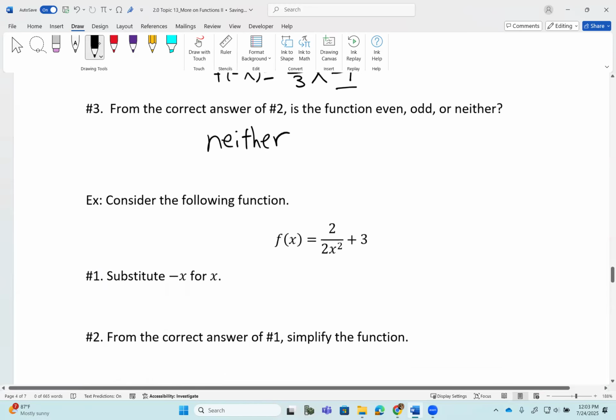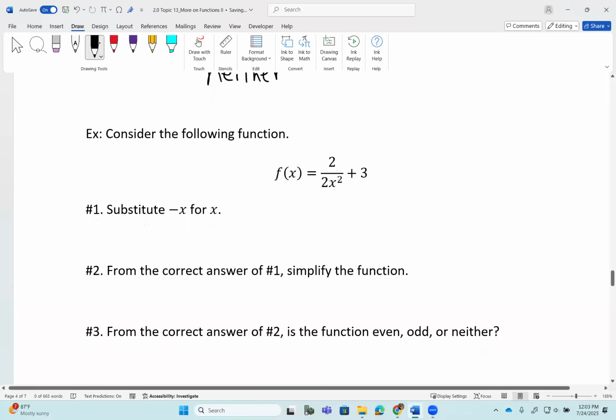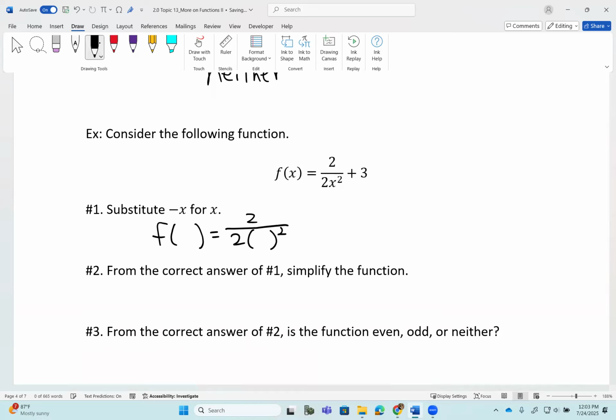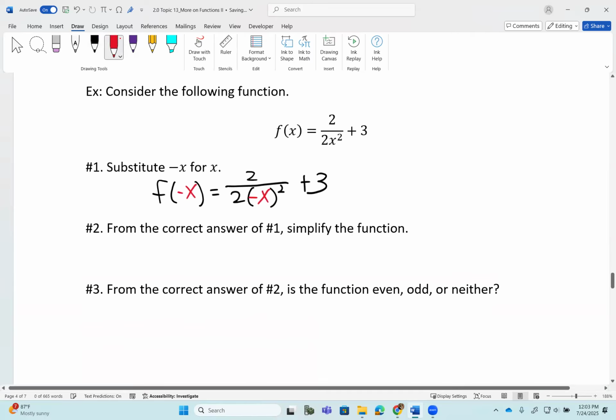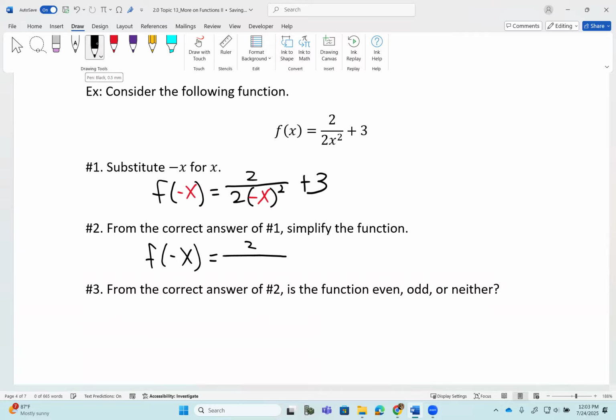All right, let's try a rational function here. Substitute -x for x. I'm going to replace every x I see with a -x. All right, let's simplify. 2 is still 2 on the top. Over -x, whole thing squared, is still good and will become +x squared, right?